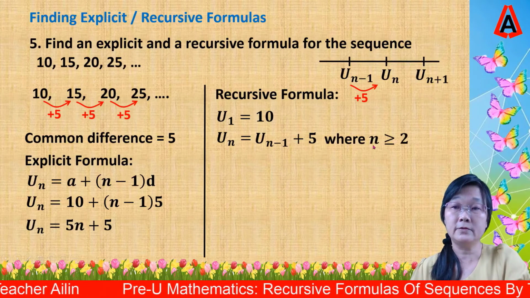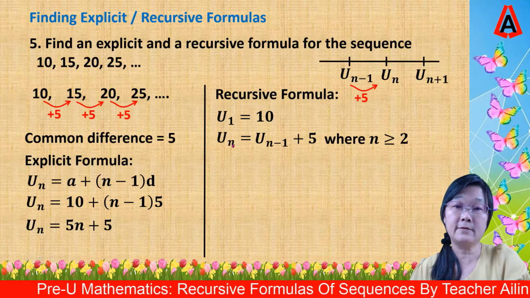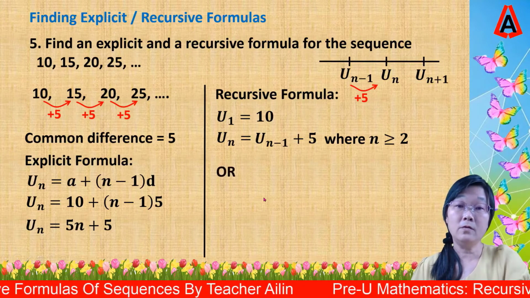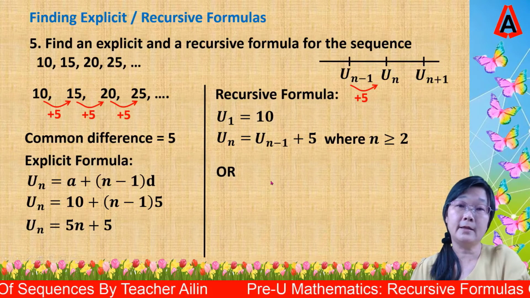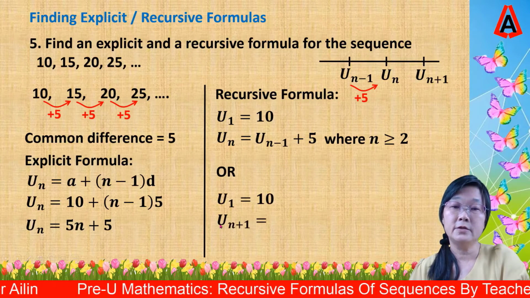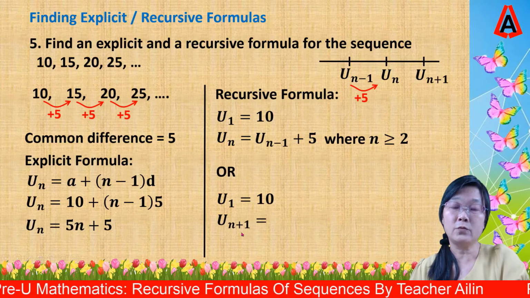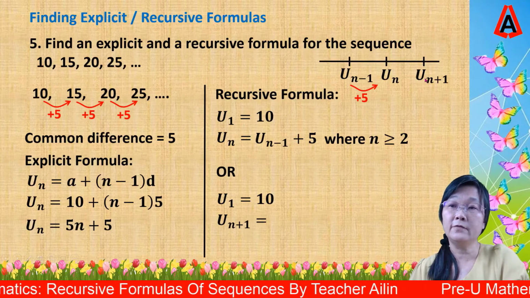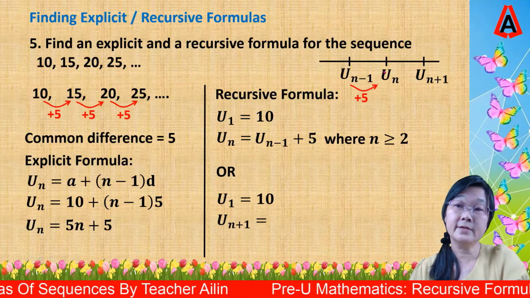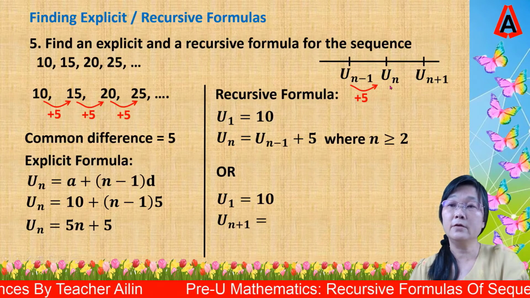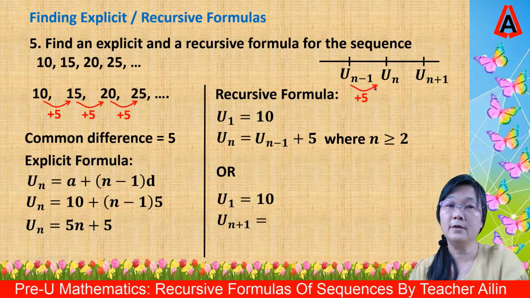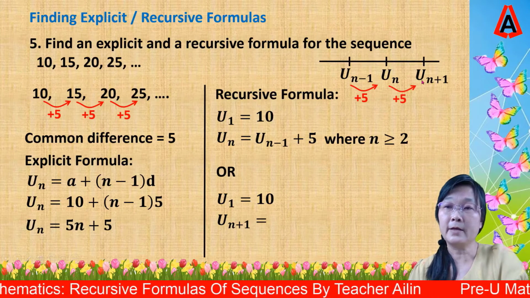Then we need to write down n started from 2 and greater than 2. Or I can also use another alternative, that is I can use Un plus 1. So if I want to find Un plus 1, the previous term is Un. So from Un, if we want to find Un plus 1, we know that we must plus 5.